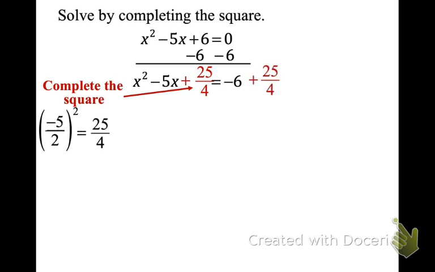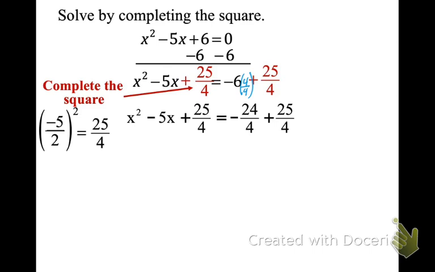Now, in order to add negative 6 and 25 fourths, I have to convert this to a common denominator, right? So I'm going to be multiplying by 4 over 4, fancy 1. And then we end up with negative 24 plus 25 over 4. That's because I multiplied by 4 over 4.